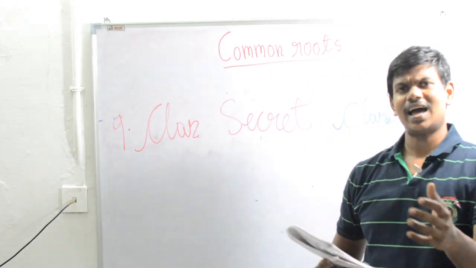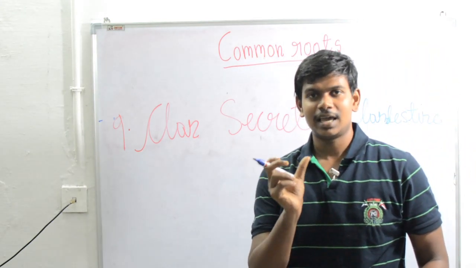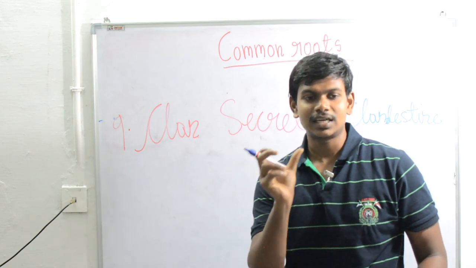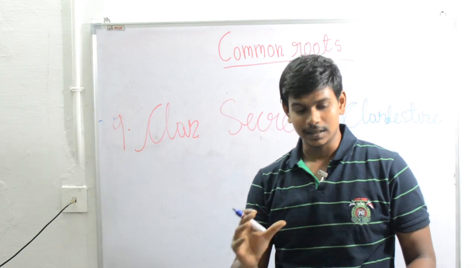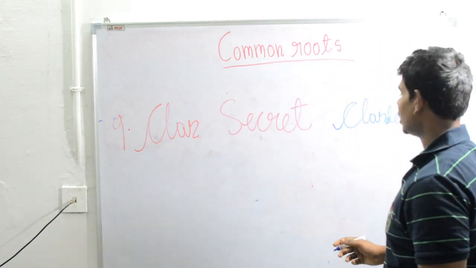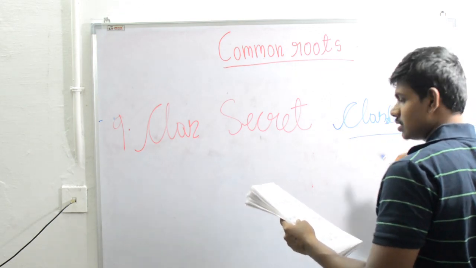So what does this clan mean? Clan means secret. Clash of Clans is a game for people who play or attack secretly. So the example is clandestine. It means secret.